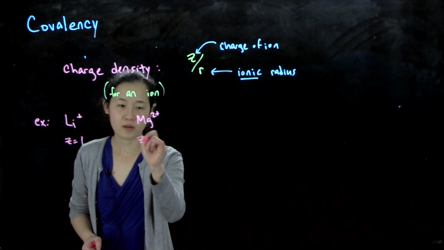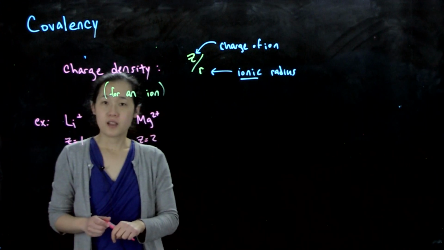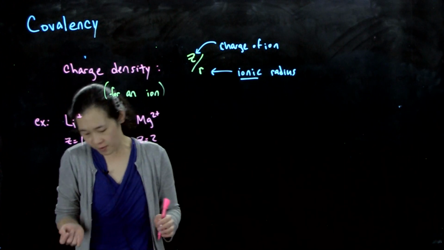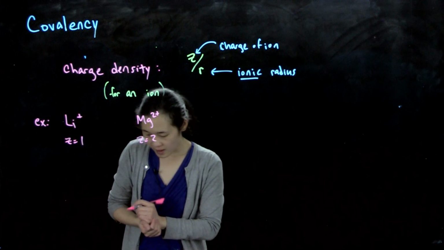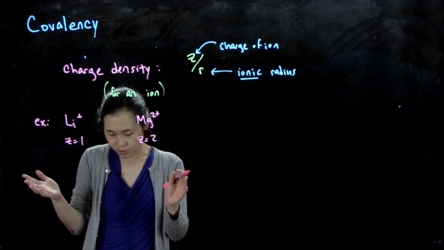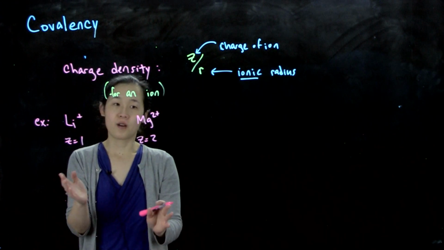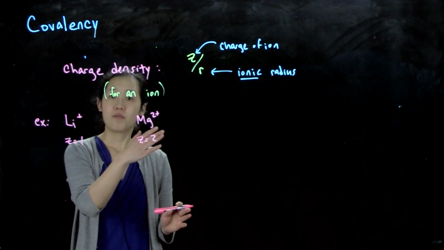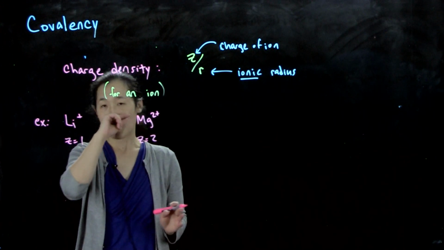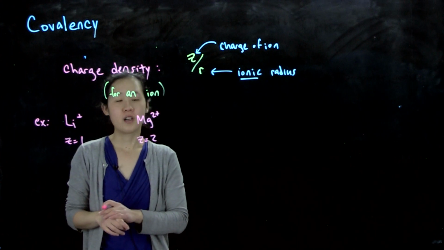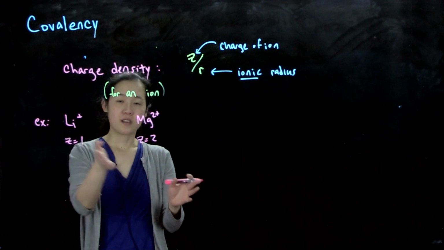Magnesium is z equals 2, so overall this has a higher z. And if we look at the size, I don't have full numbers, but magnesium is going to be slightly bigger. So overall, that z over r gives a similar charge density. Anyway, z over r, that's charge density.